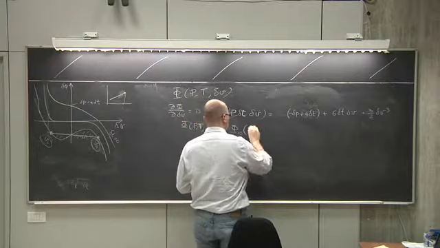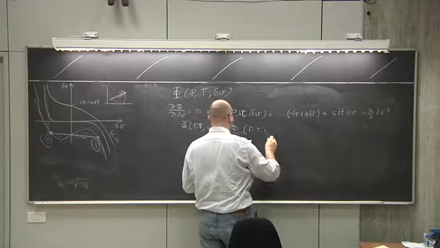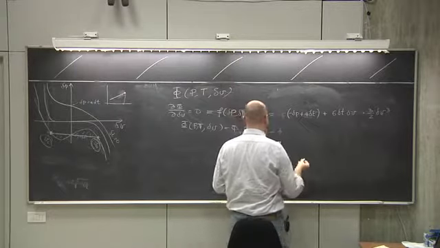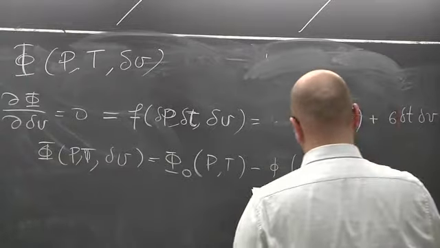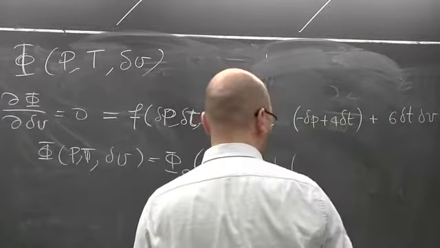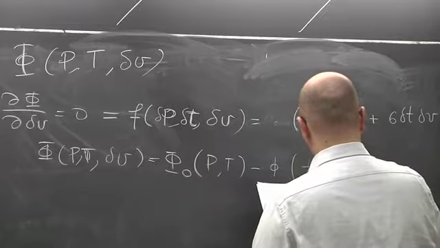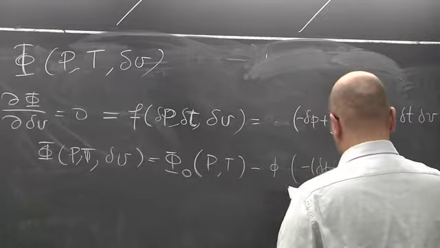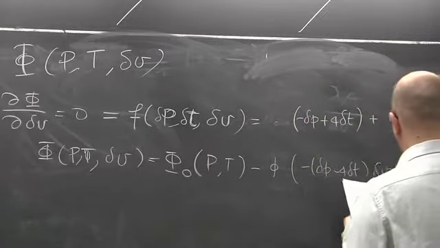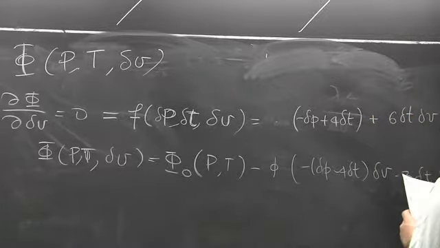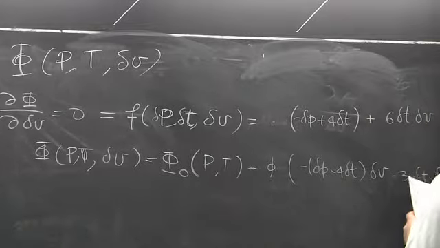Now we reconstruct the correct sign, minus a constant, let's call it small phi, because everything is dimensionless, so this has to be the dimension of an energy, minus delta P minus 4 delta T times dV, minus 3 delta T dV square, plus 3/8 delta V to the fourth.